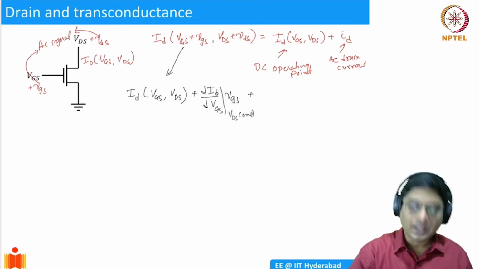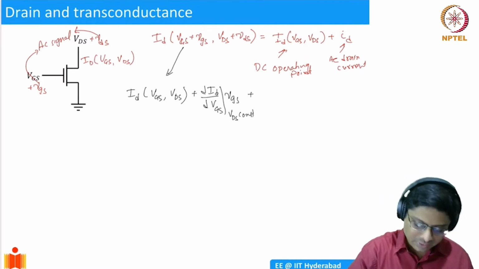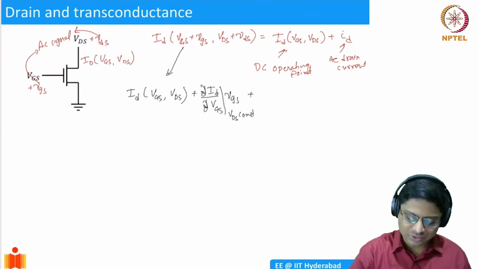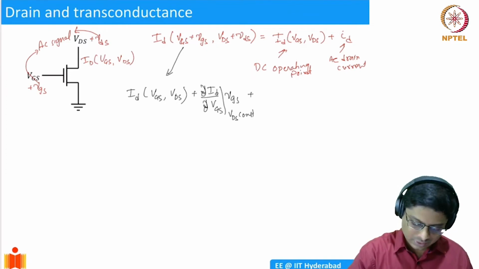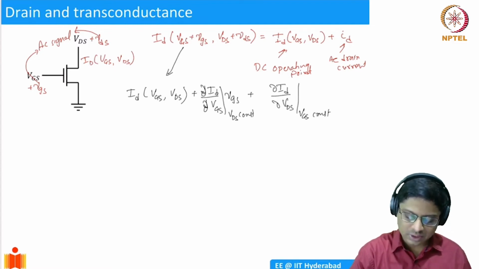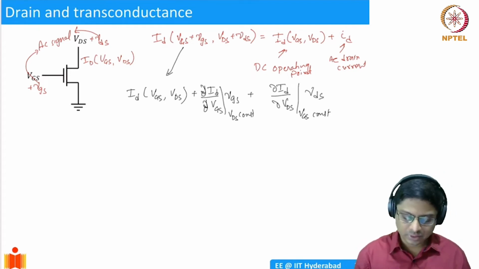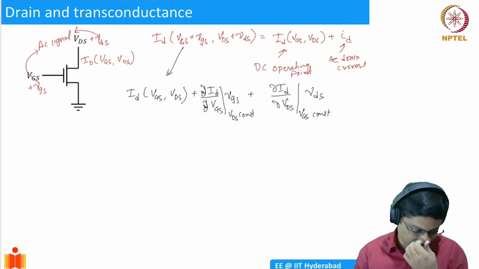Okay, and then I can write out another partial derivative. Well, since I'm taking it as constant, there's no big difference. So the partial derivative of ID with respect to VDS at VGS constant. Okay, and then there will be a small signal vds. So this is your Taylor expansion.